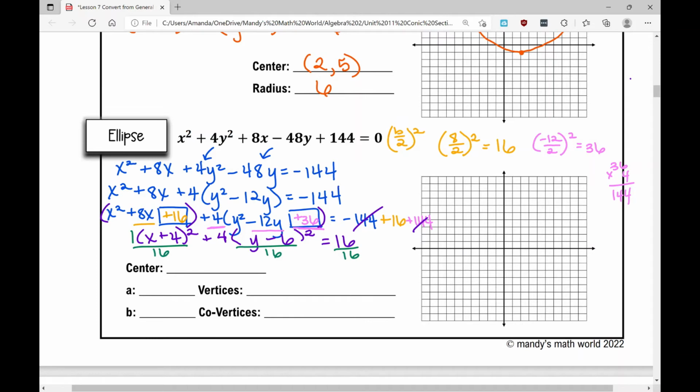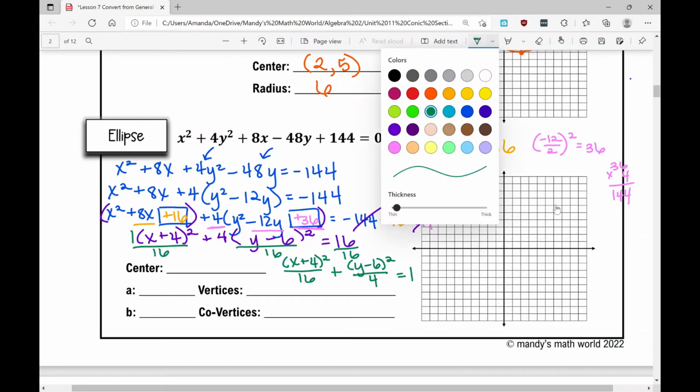I'm going to rewrite this as x plus 4 squared over 16 plus this 4 over 16 simplifies to 1 over 4, so that becomes y minus 6 squared over 4. Now that is set equal to 1.